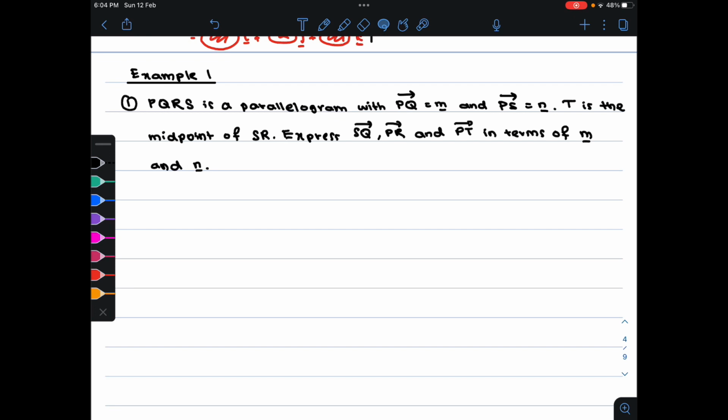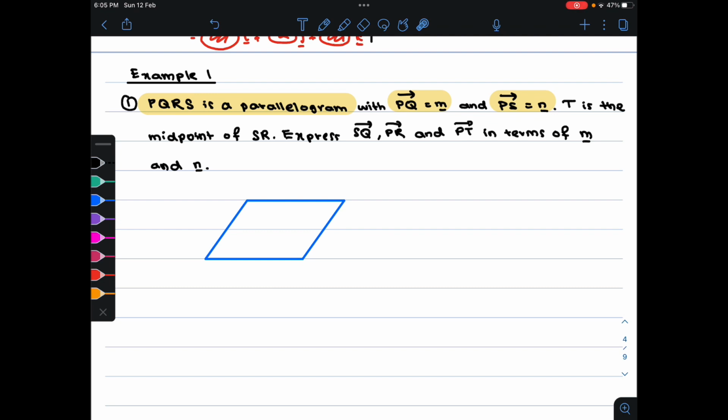Let's do example 1, question 1. PQRS is a parallelogram with vector PQ being vector m and vector PS being vector n. So here is our parallelogram. Don't forget, parallelogram means that these two sides should be parallel and these two sides should be parallel.